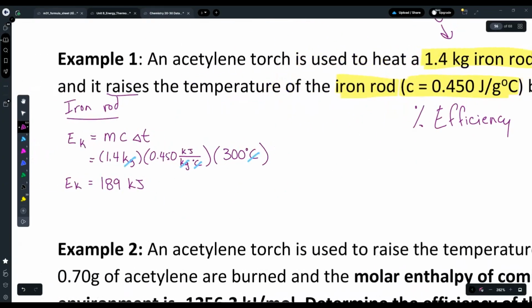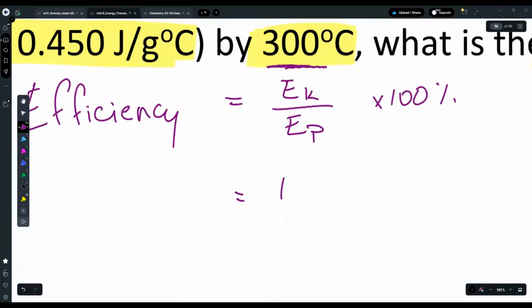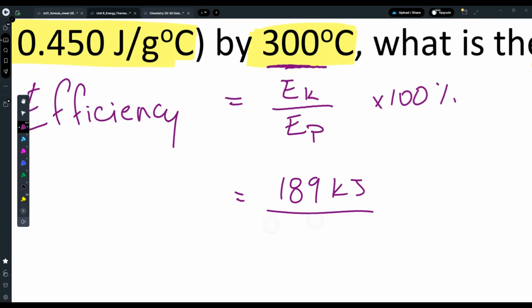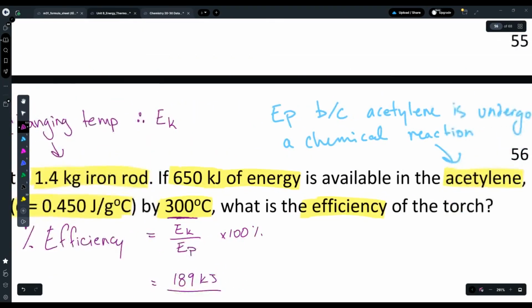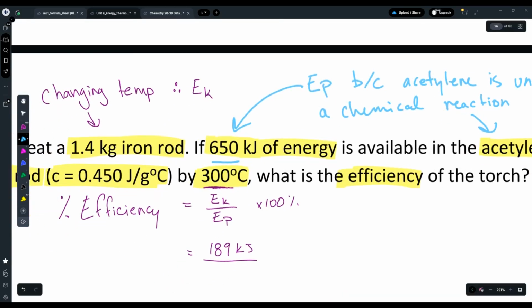Our kinetic energy was 189 kilojoules, and our potential energy would be that 650 kilojoules.